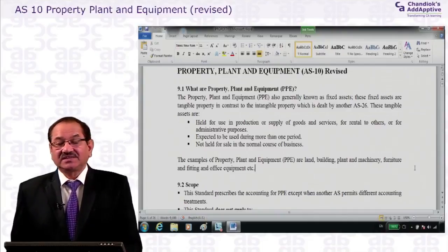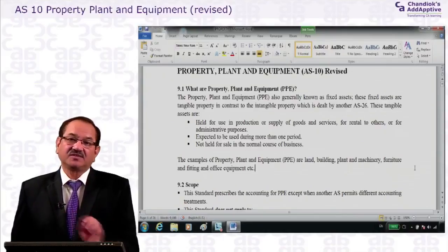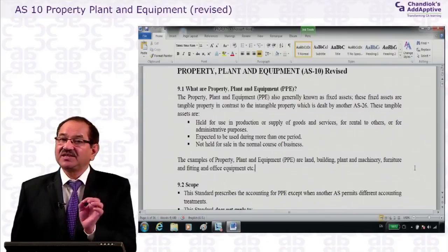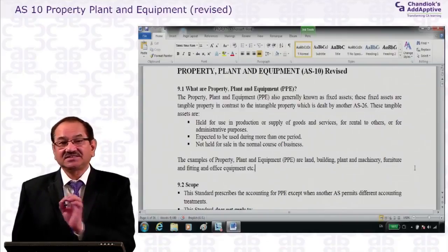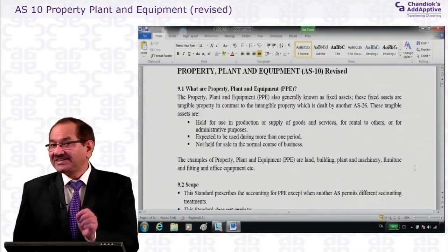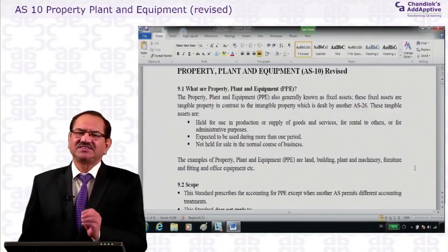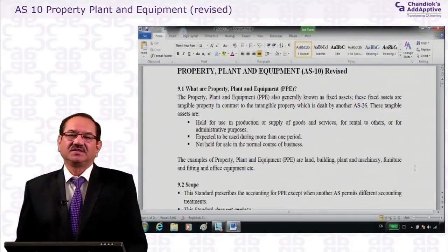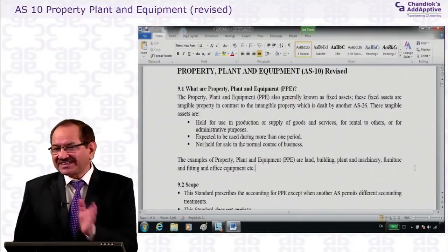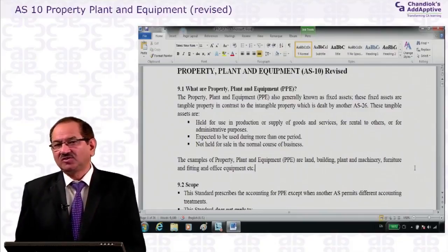This Accounting Standard 10 is named Property, Plant and Equipment, exactly the same as in Ind AS 16, and the same as in IAS 16, the IFRS. Dear student, it's virtually Ind AS 16, it's virtually IFRS. It has been replaced exactly by the IFRS. There is no difference.